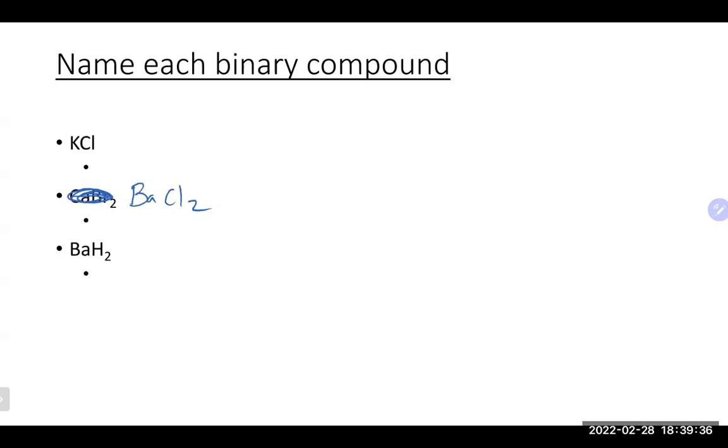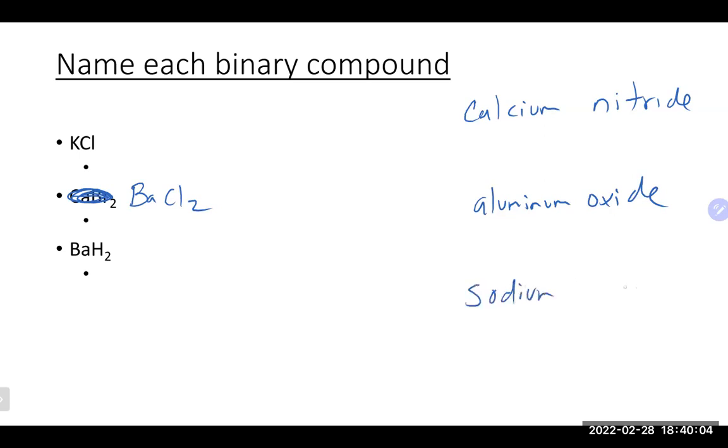And while you're at it, why don't you also try to write the formulas for calcium nitride, aluminum oxide, and sodium sulfide.